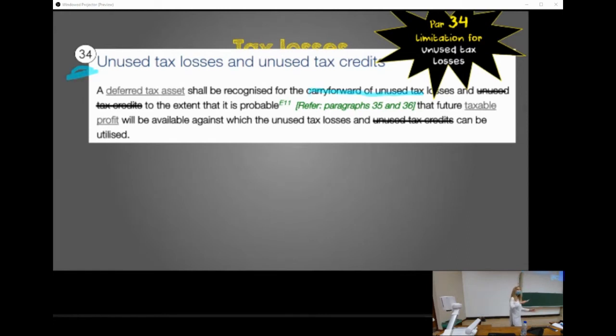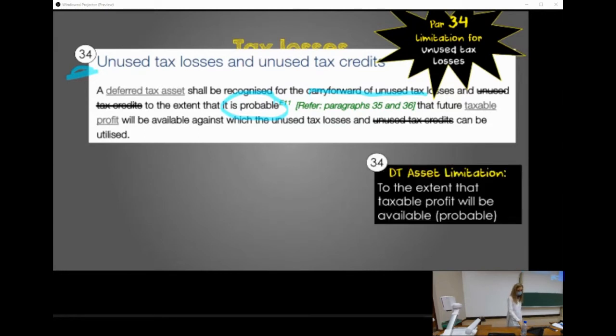So that carry forward from year 1 to year 2 and then again to year 3, to the extent that it is probable that future taxable profit will be available against which the unused tax losses can be utilized. So we will recognize a deferred tax asset from these unused tax losses, but only if it is probable that we are going to have future taxable profit. Okay, and that makes sense. Because like we said, it's a promise. We need to be able to use those benefits, get those benefits in future, otherwise we can't promise the benefits.